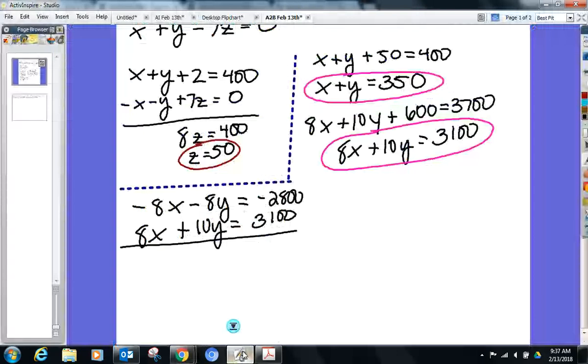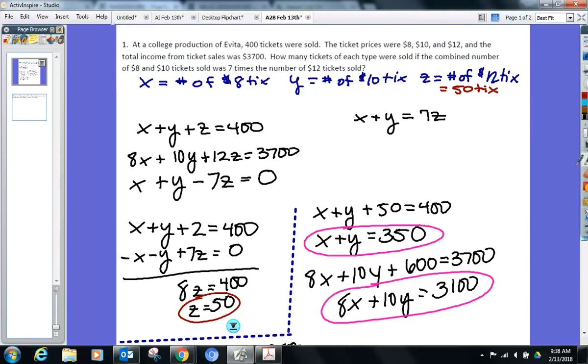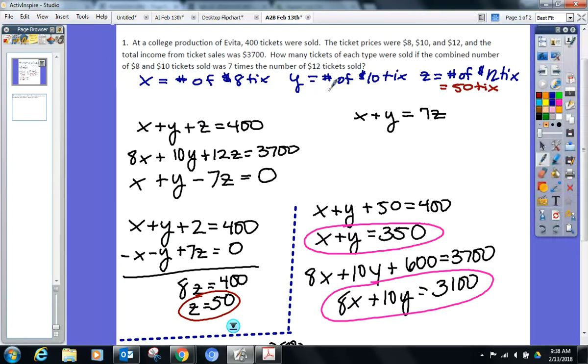What's going to cancel out? Okay, negative 8 plus 10? 2y equals, you get that right side there, Alec? 300. So the value of y is going to be 150. So it looks like I sold 150 $10 tickets.